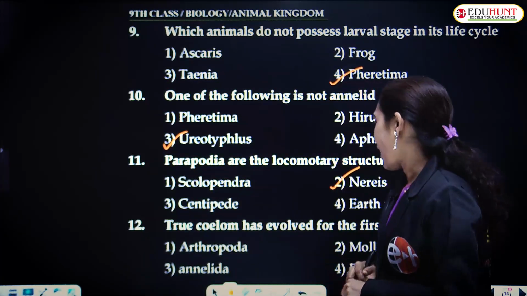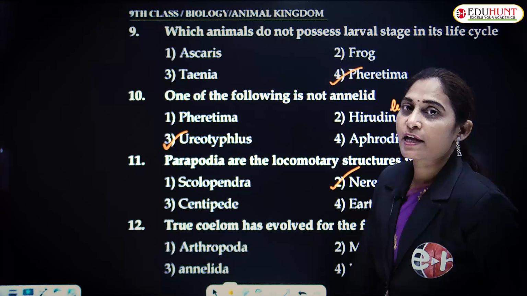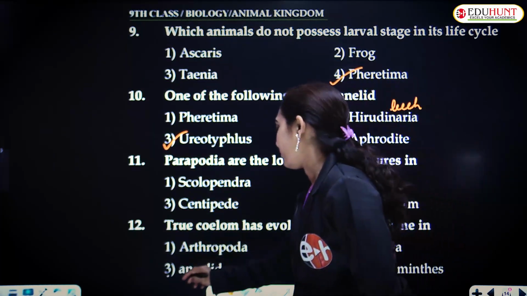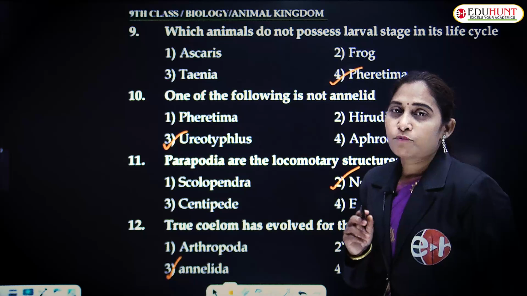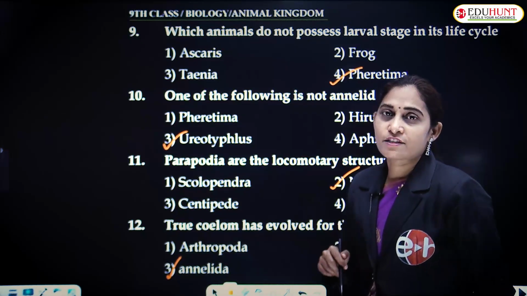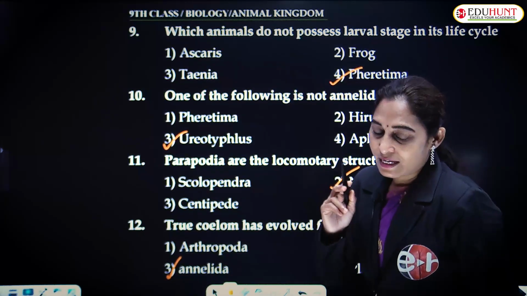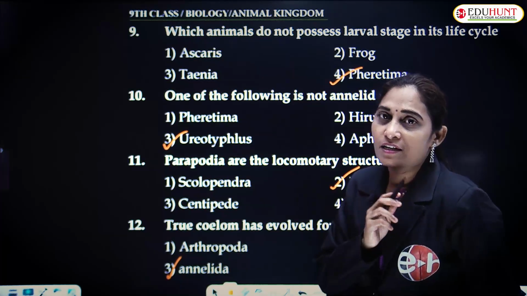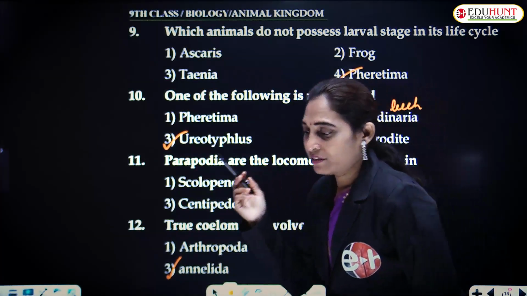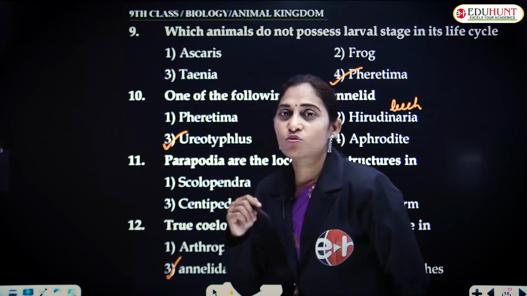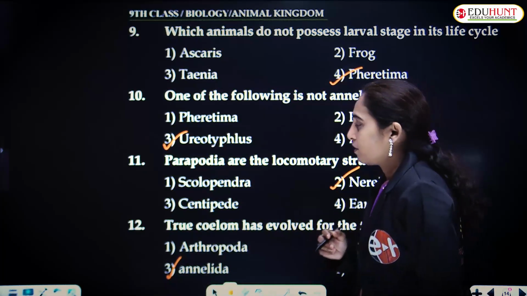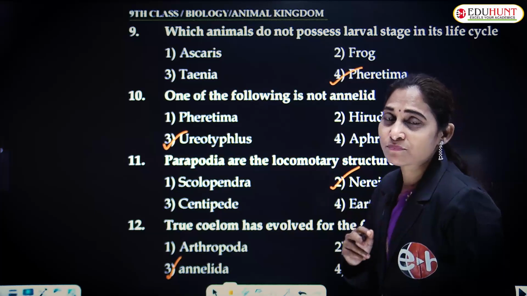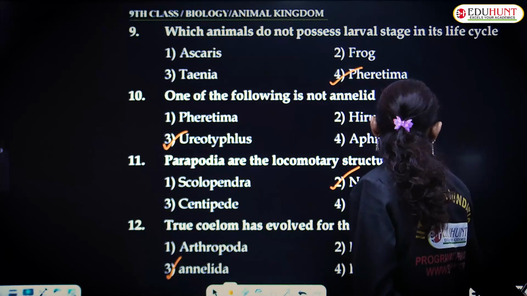True coelom has evolved for the first time in Annelida. Up to Platyhelminthes, they are acoelomates, and Aschelminthes have pseudocoelom. In between having no coelom and having true coelom, there is a case where pseudocoelom is present. The coelom or body cavity there develops from the blastocoel.